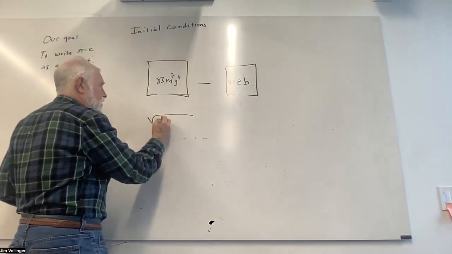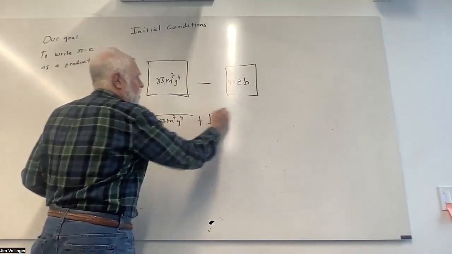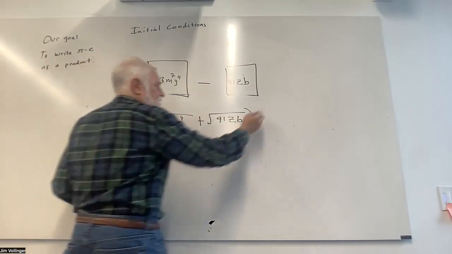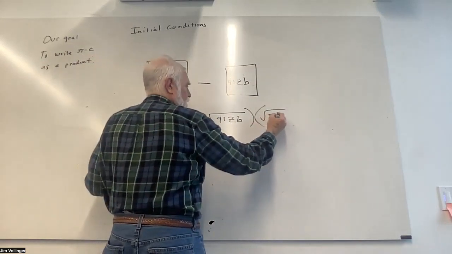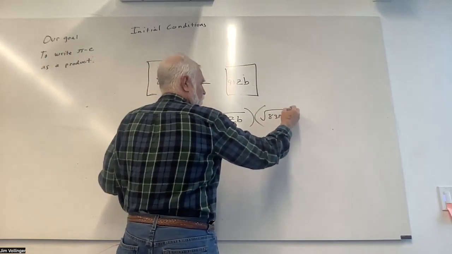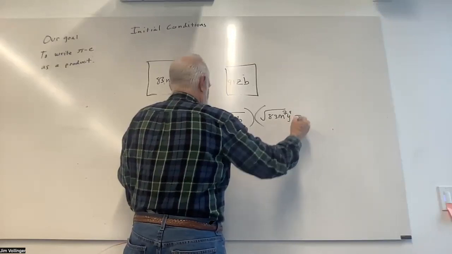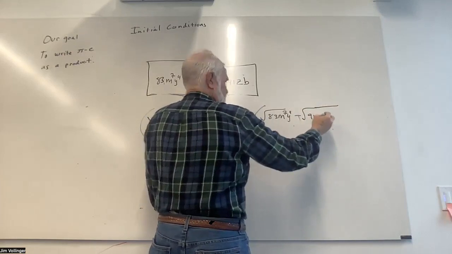Square root of 83 m to the 7th y to the 4th plus the square root of 91 ZB times the square root of 83 m to the 7th y to the 4th minus the square root of 91 ZB. You can see why nobody does this.